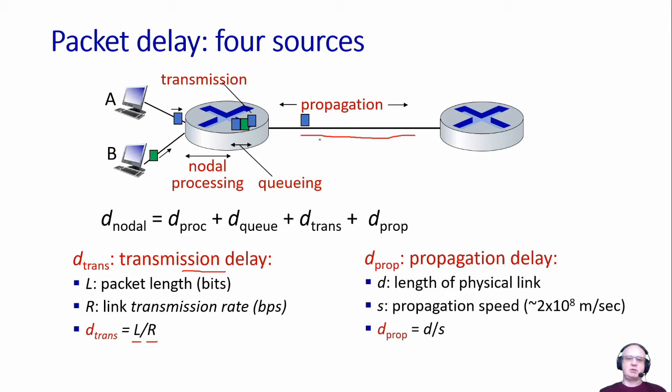So signals do not propagate instantaneously. And also this propagation delay does not depend on how fast we're sending bits. So this can be quite subtle to understand. Okay, so the propagation delay, what does it depend on? It depends on how far this element is apart, so the length of the physical link, and then the propagation speed in this medium. This propagation speed is not the speed of light, by the way.